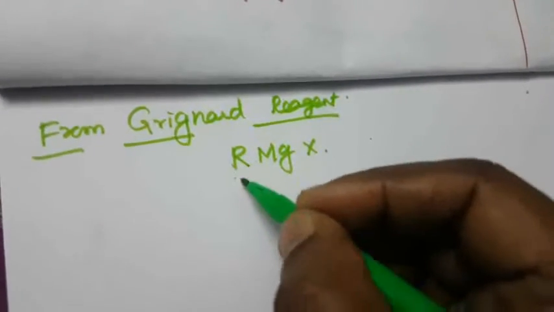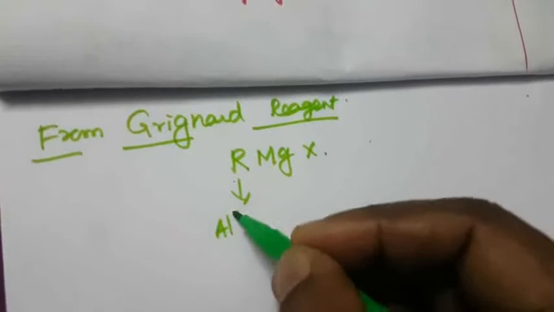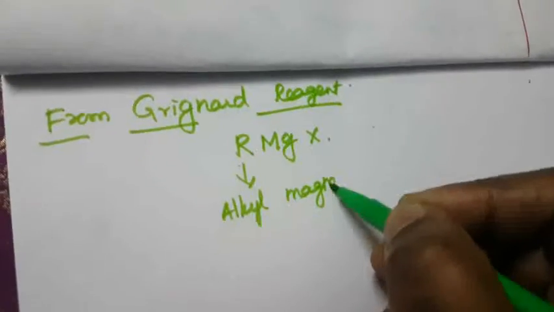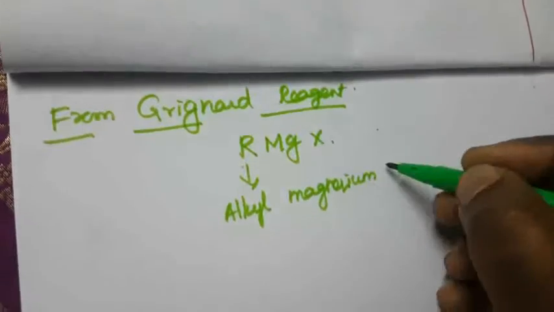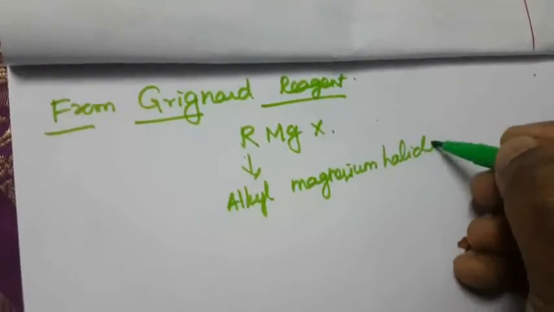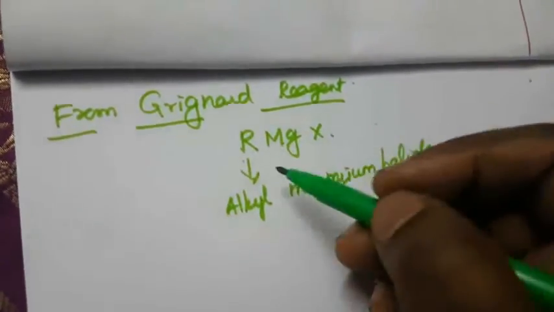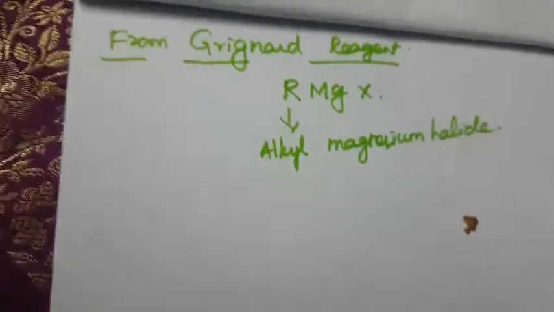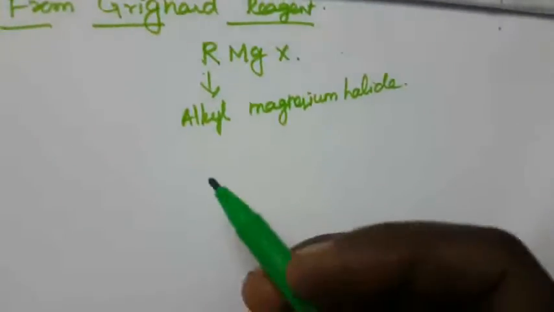This is alkyl magnesium halide. This is called Grignard reagent, alkyl magnesium halide, or it could be any other compound.